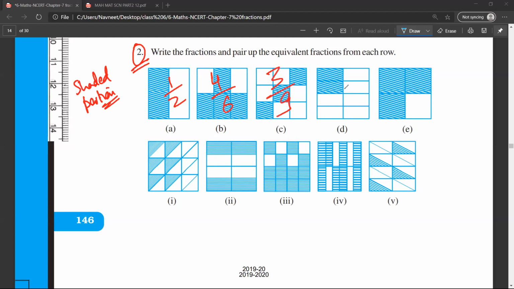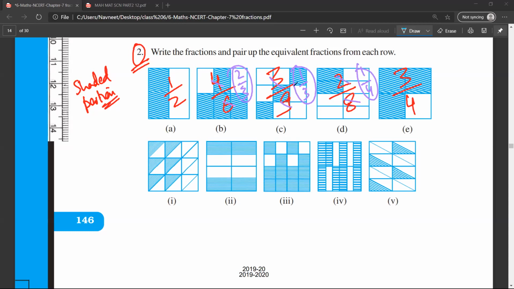This would be equal to 2 by 8. Perfect. This would be equal to 3 by 4. Now 2 by 8 I can write as 1 by 4. 3 by 9 I can write as 1 by 3. This I can write as 2 by 3. Is there any confusion? No, sir.